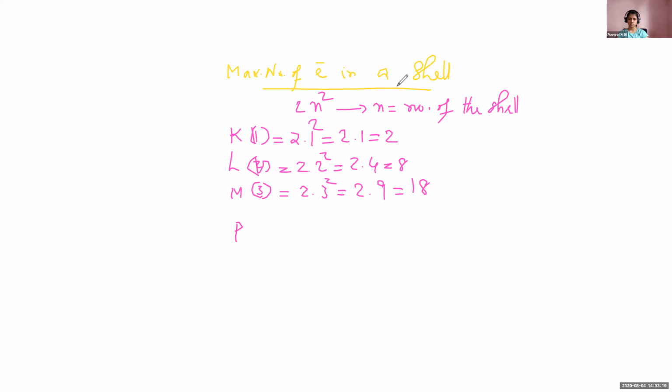So 2 into 6 square is 2 into 36, that is equal to 72.